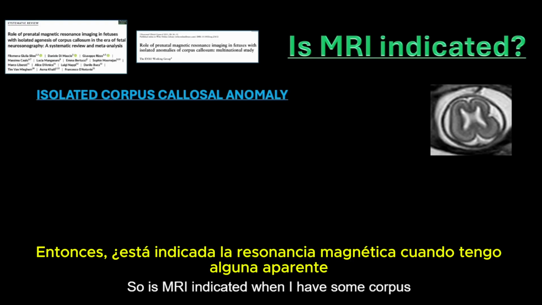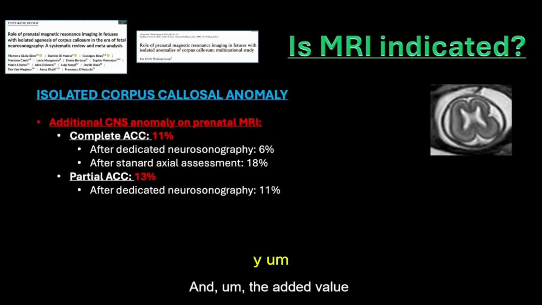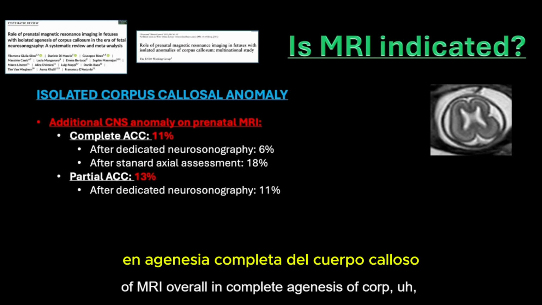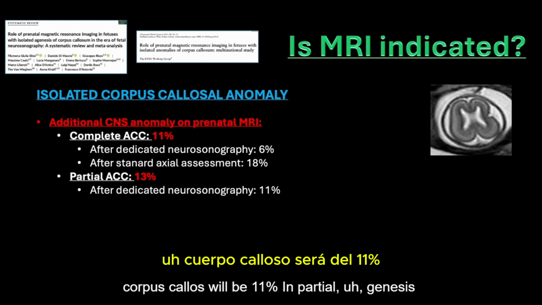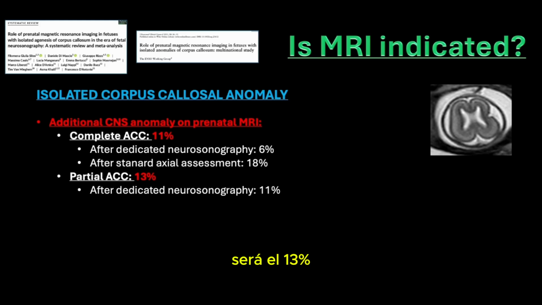So is MRI indicated when I have an apparently isolated corpus callosum anomaly? The added value of MRI overall in complete agenesis of the corpus callosum is 11%. In partial agenesis of the corpus callosum, it is 13%.